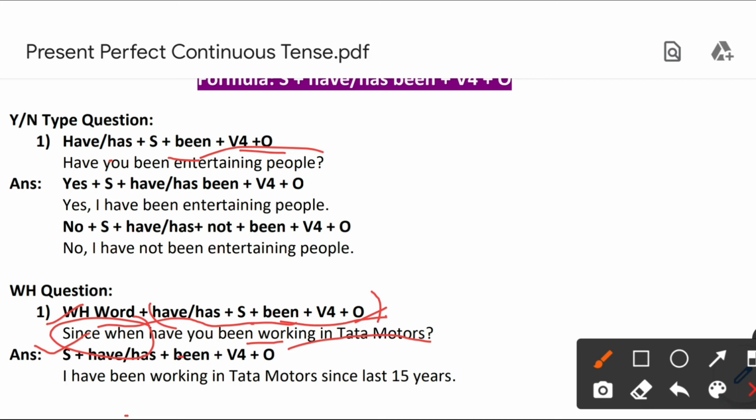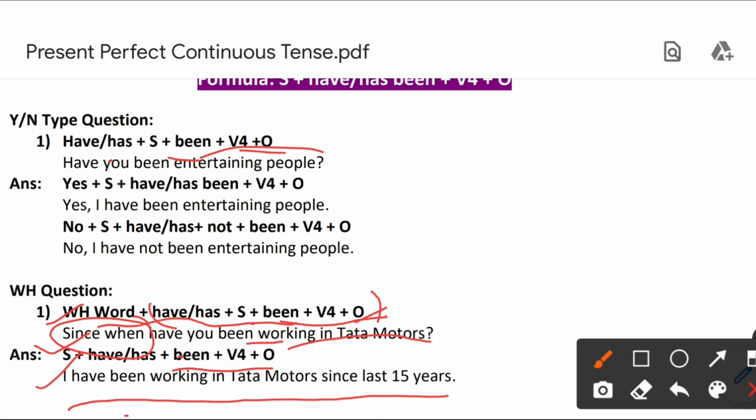In the answer, again, you have to use the simple sentence or positive sentence formula, that is subject plus have or has plus been plus V4 plus object. The answer becomes: I have been working in Tata Motors since last 15 years.